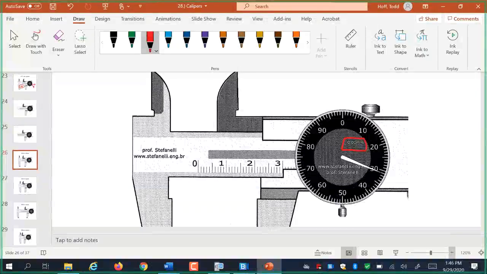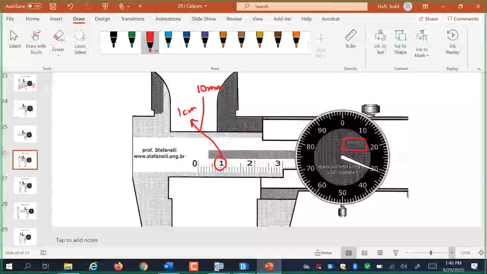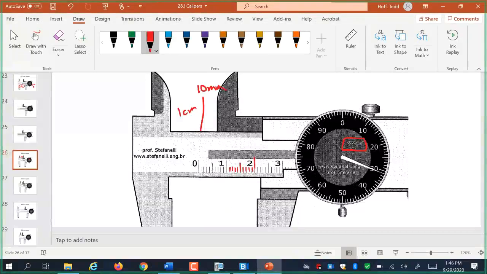So to make them work together, we read this not as 1 centimeter, but as 10 millimeters, which is equivalent. So that allows us then, that's 10, 11, 12, 13, 14, 15, 16, 17, 18, 19, 20 millimeters, and so on.